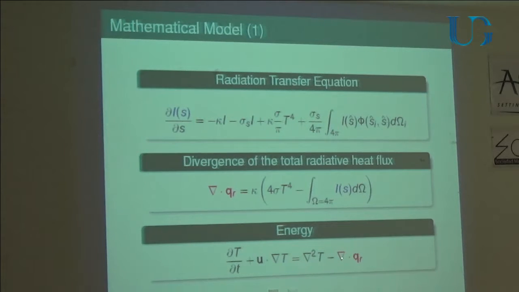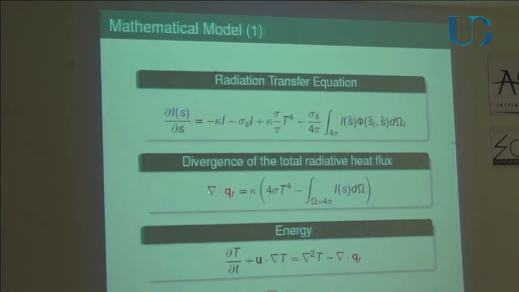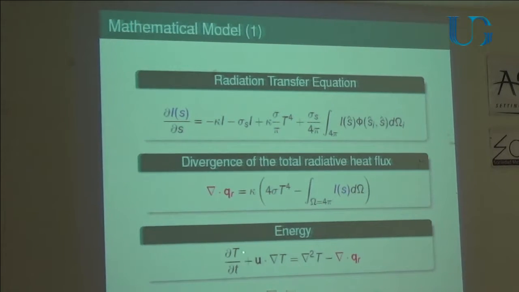Why is it minus? Because I consider it from the point of view of the system, and so this will be a negative quantity when I calculate the temperature of the whole participating medium. I get a source term, a positive term.